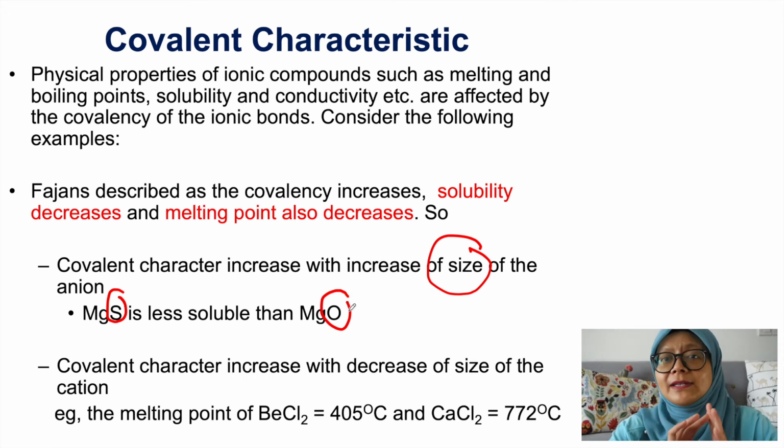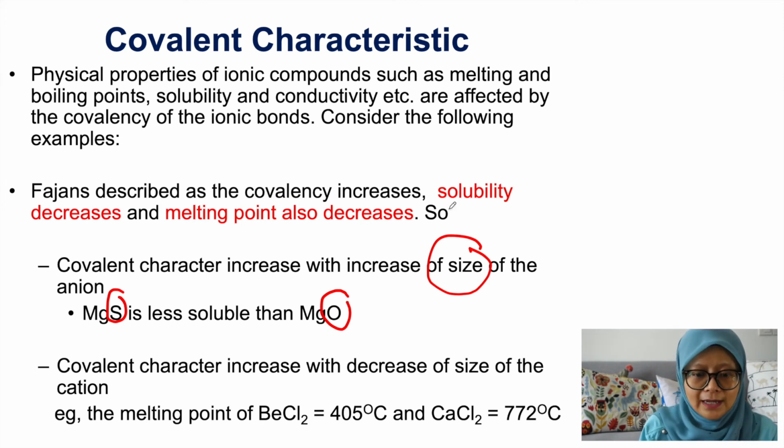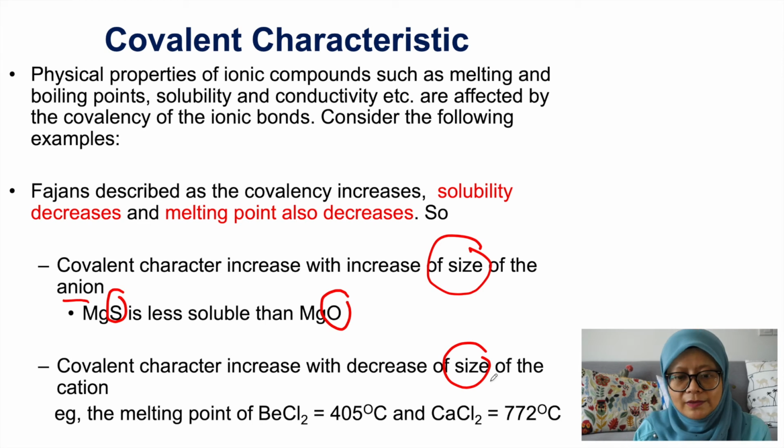For the second example, this is also based on the size, but decrease of size of cation. For the first one, we have increase of size for the anion, and second one, decrease of size of the cation. So we need a smaller size of cation in order to have higher covalent character in that compound.